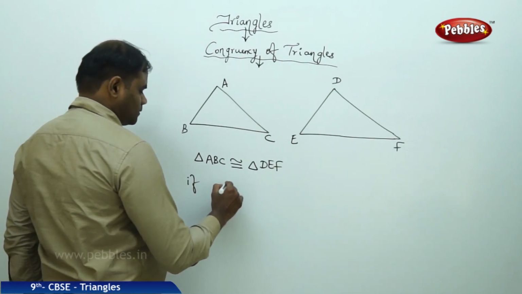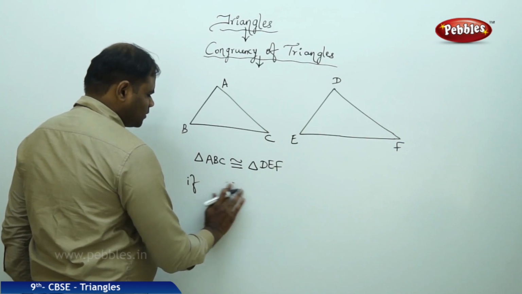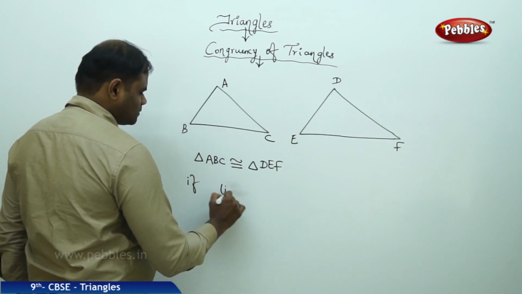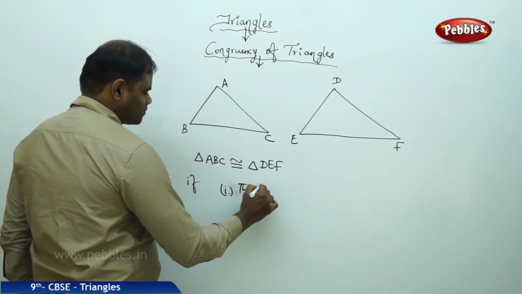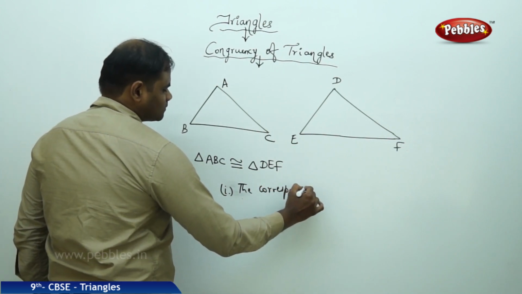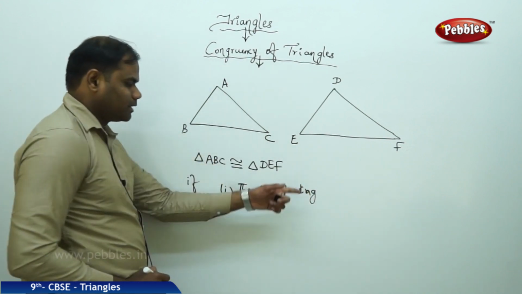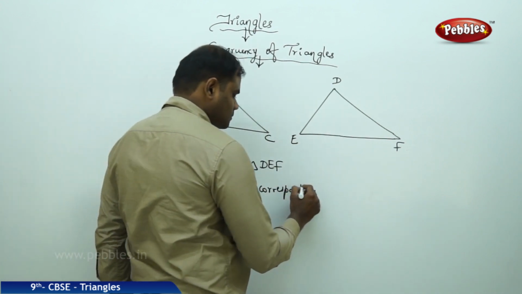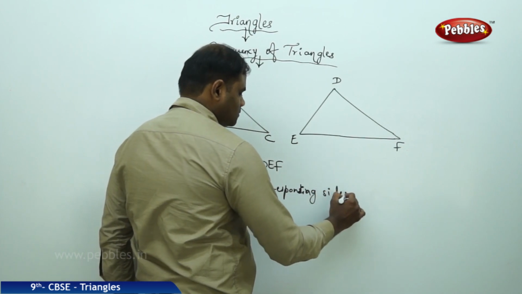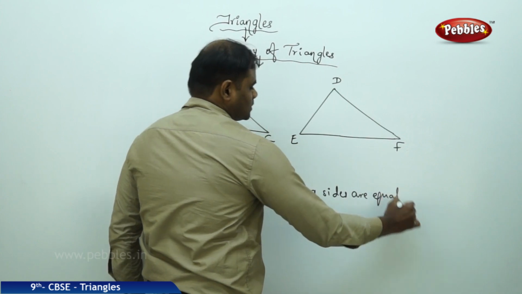So the first thing for congruency is that the corresponding sides of the two triangles are equal.